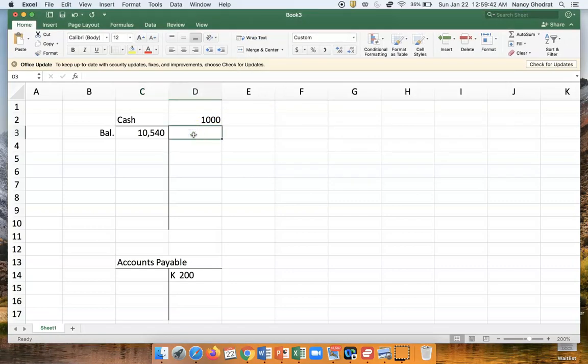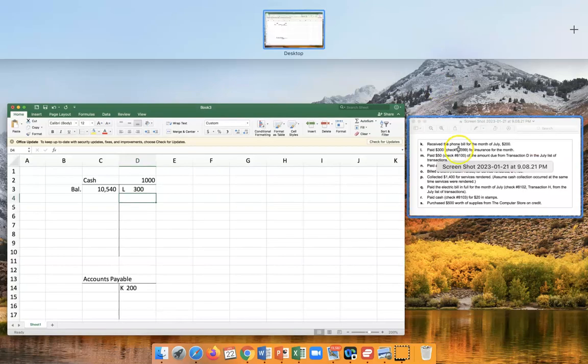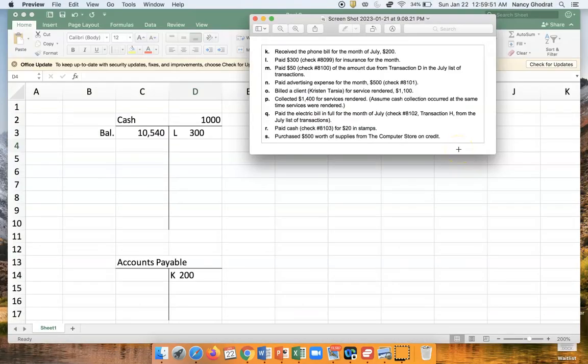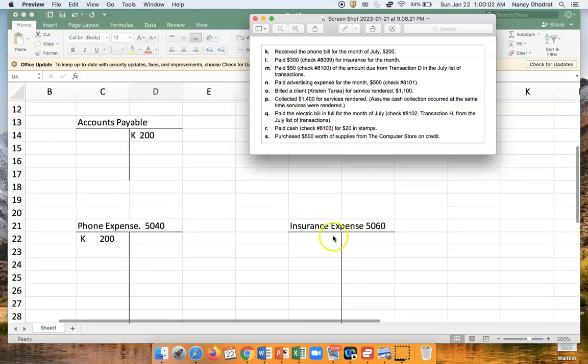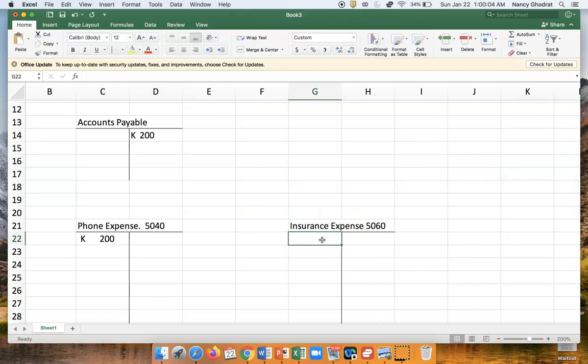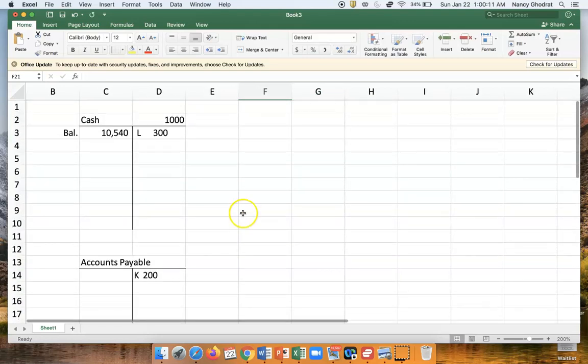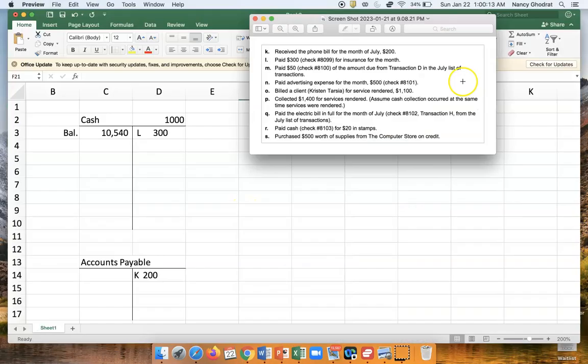Transaction L decreases cash by $300. The reason we paid $300 is for the insurance policy for the month. Insurance, again a cost of doing business, is an expense. Therefore, we need to increase an expense, and expenses get increased by a debit. So that's how you're going to analyze each transaction.